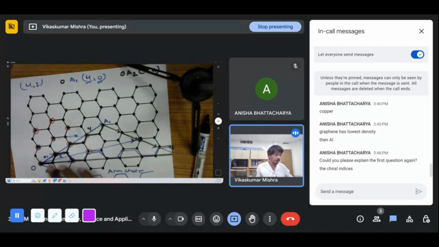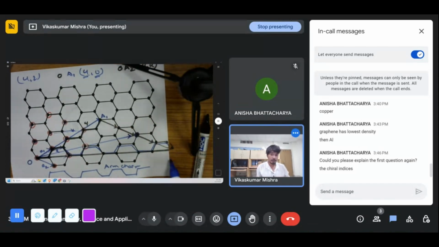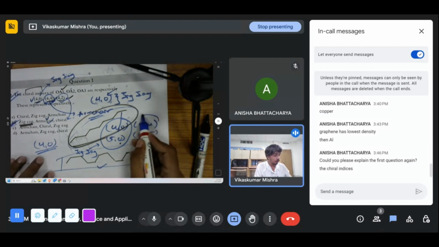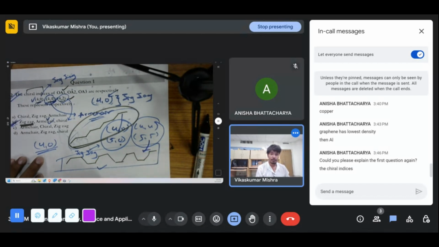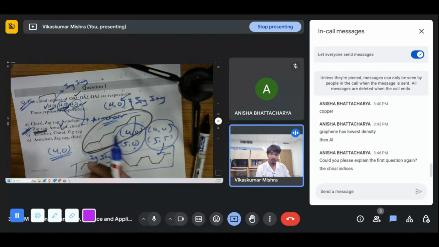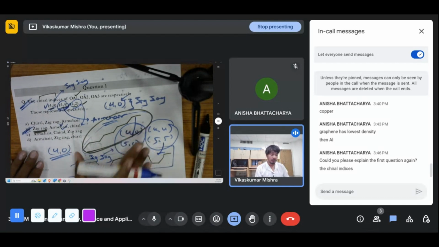One just needs more hexagons in the figure; I was not able to get the extra hexagon which I was looking for. While here, if both of them are equal, then we'll get the armchair type pattern. And if the values are different, then we'll get the chiral one. Okay, so with that, this is question number one.